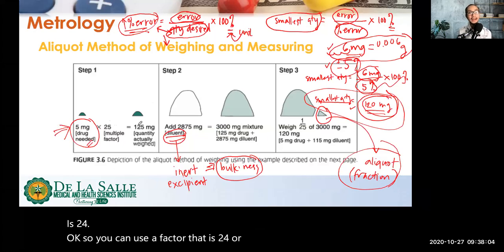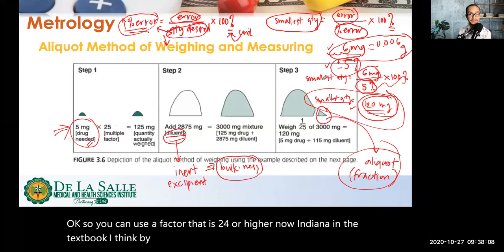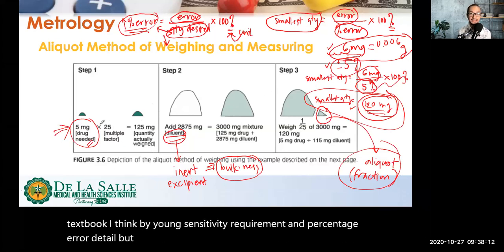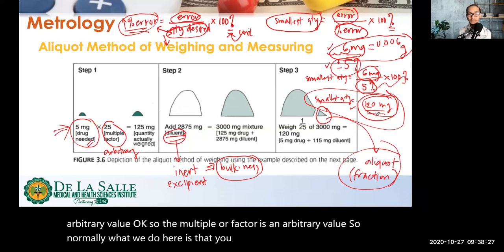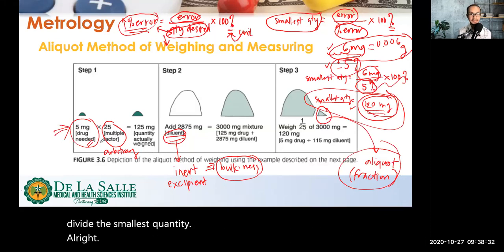Now in the textbook, I think the sensitivity requirement and percentage error are different here, but it still applies. It doesn't matter; this one is an arbitrary value. So the multiple or the factor is an arbitrary value. Normally, what we do here is simply divide the smallest quantity weighable in the balance by the amount of the drug that you need to measure.